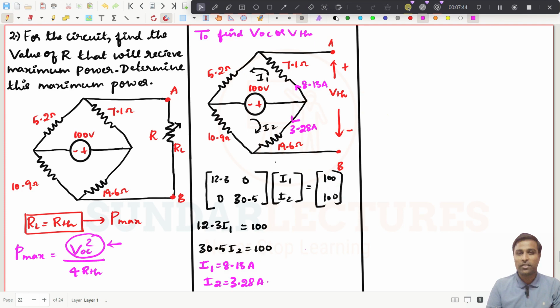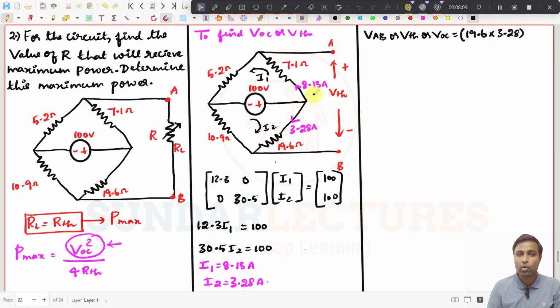If you are going for VAB, you have to travel in this direction. You can write it as VAB or VTH, or VOC, anything, and everything is a correct answer. I am going from this point in this way, opposite to this current direction. So I will get 19.6 into 3.28.